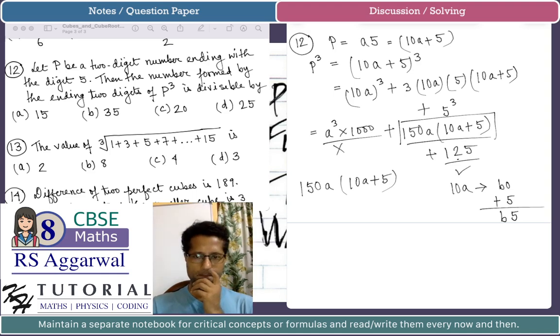Again, we have 150a multiplied by 10a plus 5. The number 150a will end with the 0.